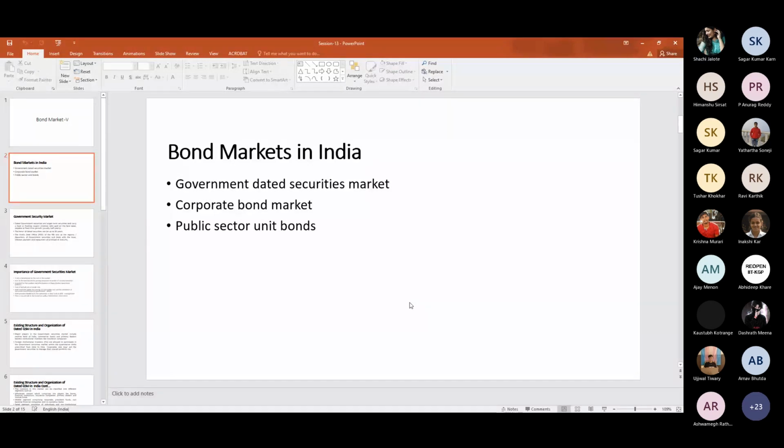So look at the bond markets in India. I refer to the bond markets in the sense that these are basically the long-term bonds. The short-term bond market part we have already discussed with respect to the money market instruments.